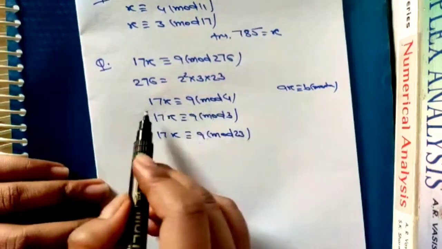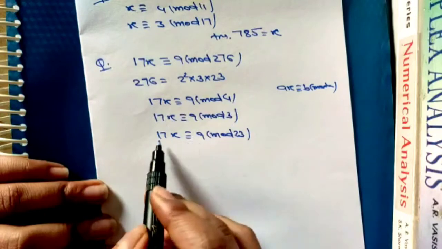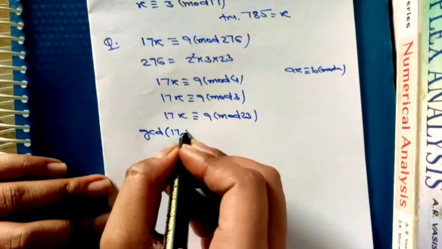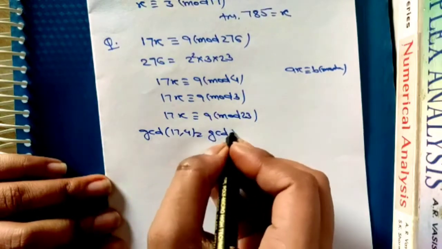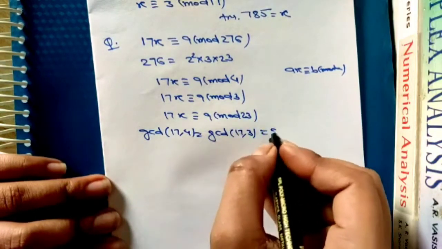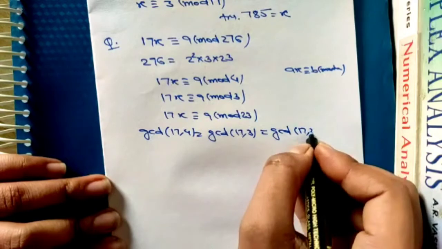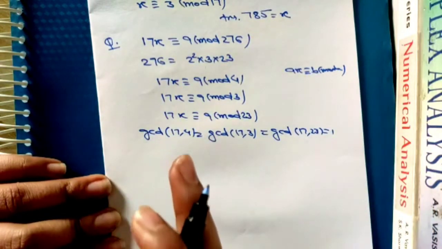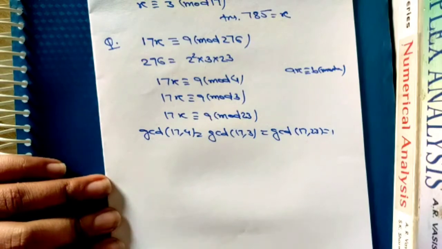Okay. So the GCD of 17 and 4, 17 and 3, 17 and 23 is 1. So this system of linear congruences is going to have a unique solution.